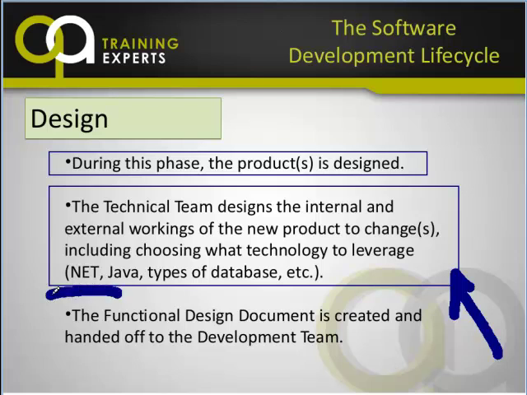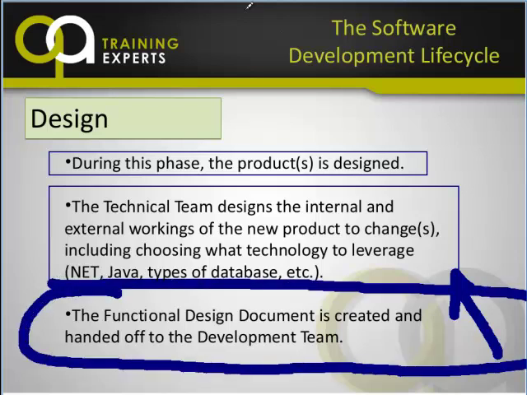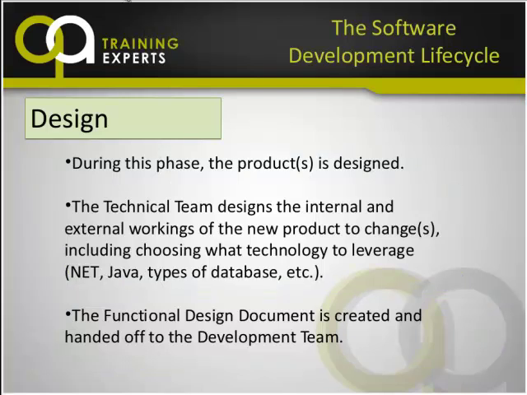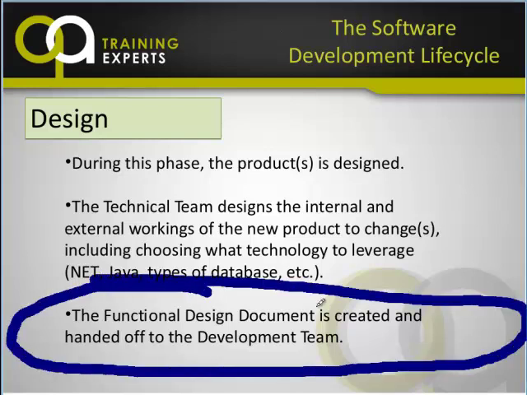That design is another document, and it's called the Functional Design Doc. So now we have a third doc. The Functional Design Doc is created and handed off to the development team.